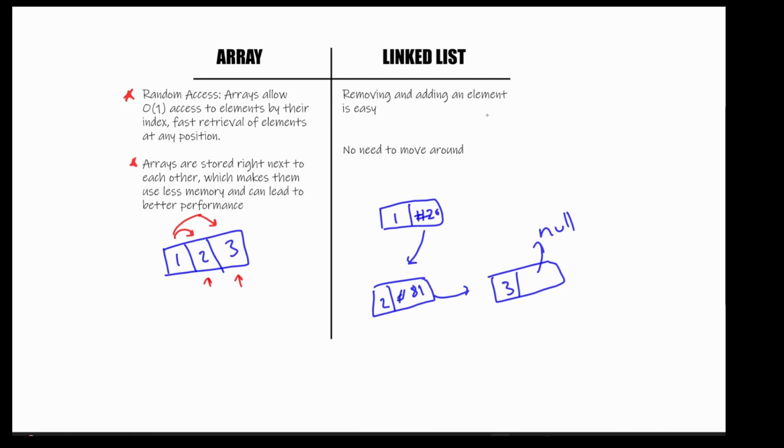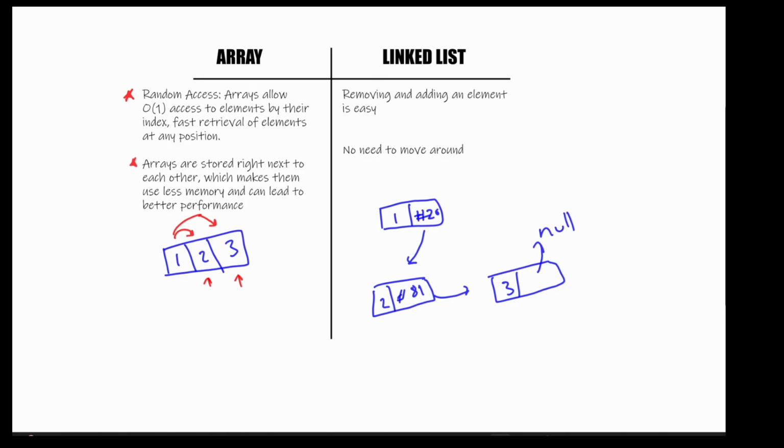Now, let's move on to the linked list. A positive of linked lists is that removing and adding an element is pretty easy. In an array, if you want to add an element, you kind of have to move everything to another place and add that thing.